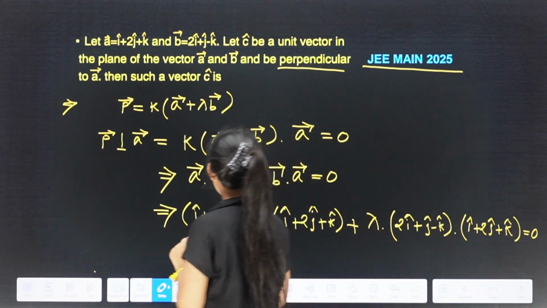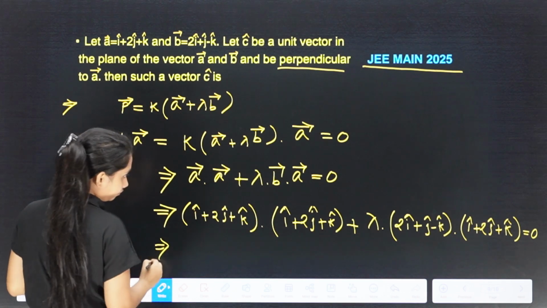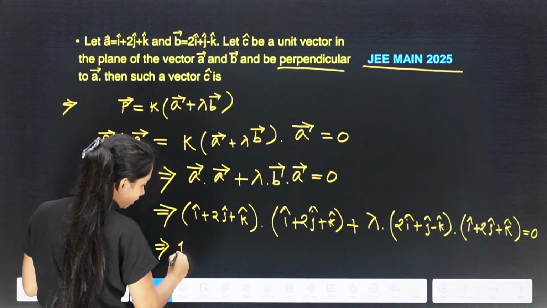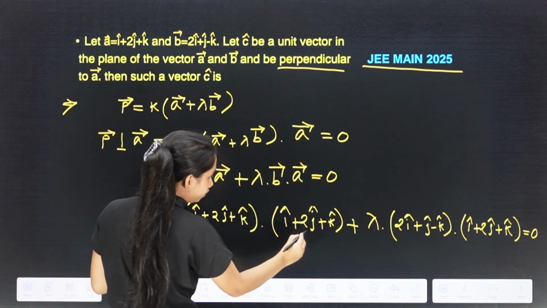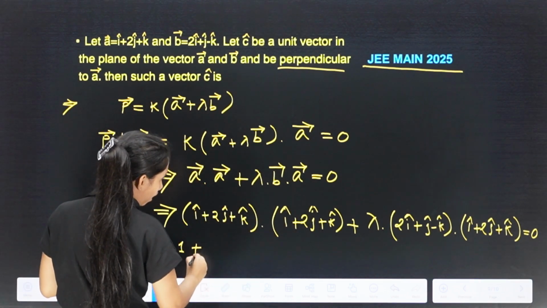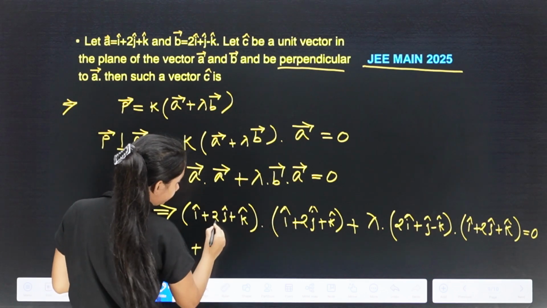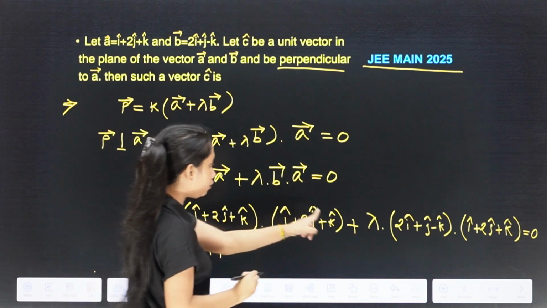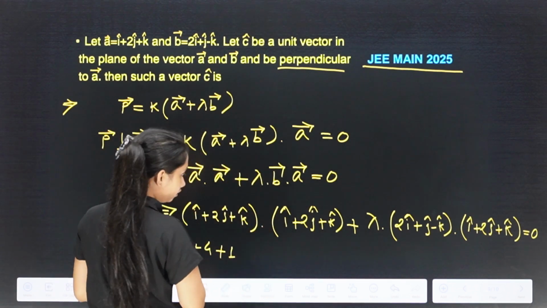is equal to 0. And we know that i into i is 1, then j into j is 1, but here the coefficient is 2, so 2 twos are 4, and k into k is 1.